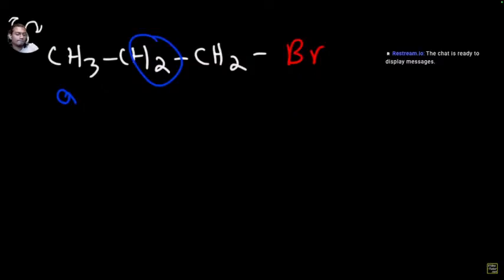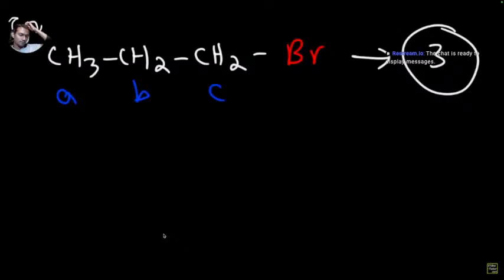So they're going to show up as a different signal. And these 2 hydrogen atoms in the CH2 are closest to the bromine atom. In fact, they're attached to the same carbon atom as the bromine atom. So they're going to show up as a different signal compared to the other hydrogen atoms. So for this particular molecule, we should expect 3 signals in the H-NMR spectrum.